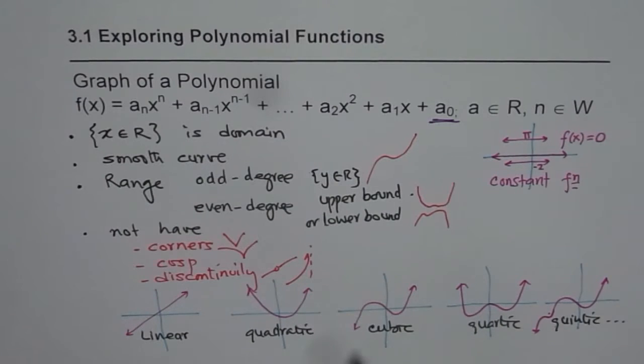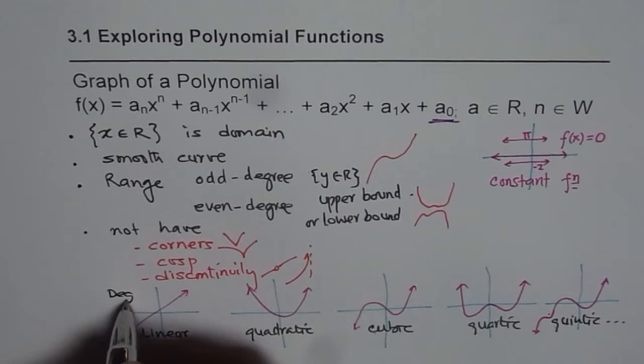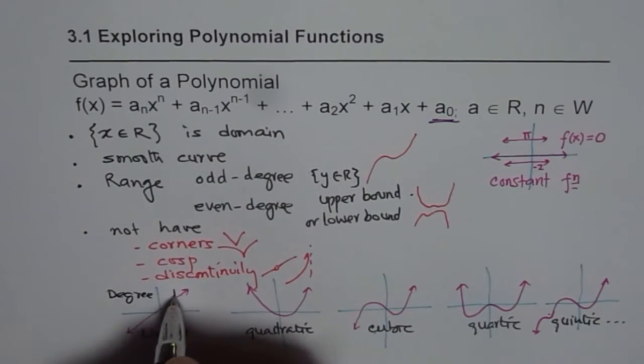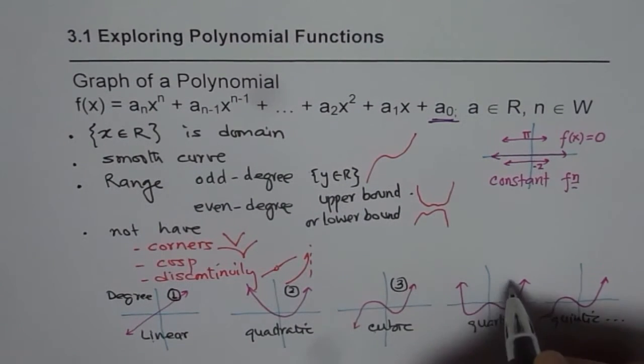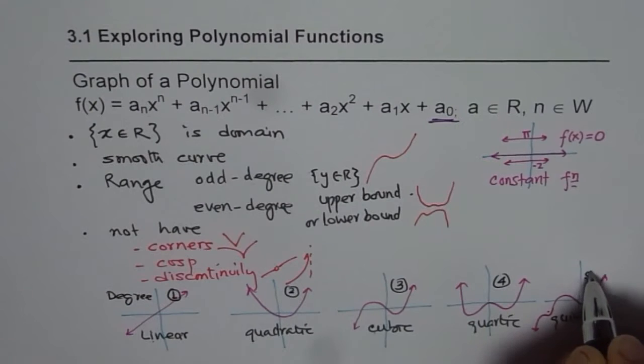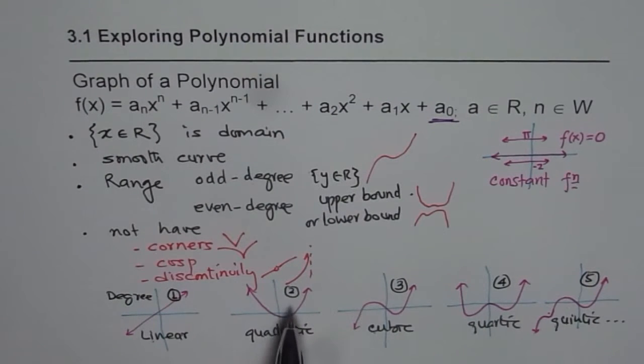You will notice that for odd degree functions, the ends are on opposite sides. These are all odd degree, 1, 3, 5, right? Let me write down their degrees here very clearly. Their degrees are 1, here it is 2, 3, 4, and 5. You will notice that the even degrees face on the same side, but the odd degrees on opposite ends.